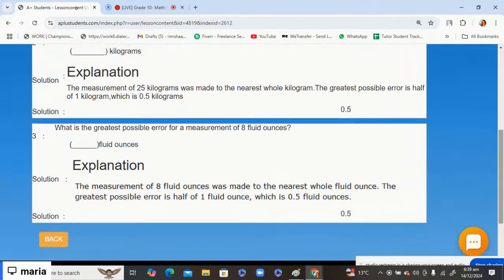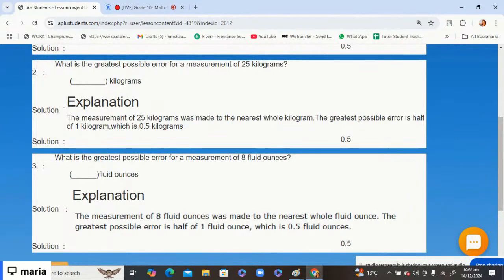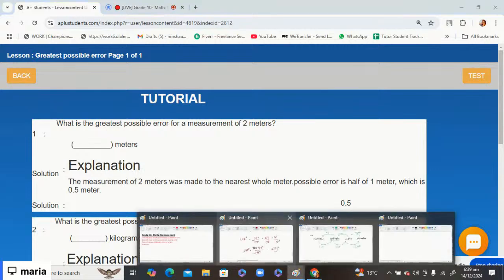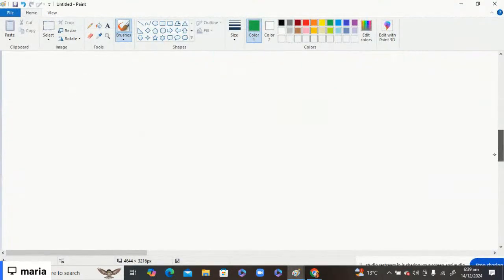Let me just write it here. What is the greatest possible error?